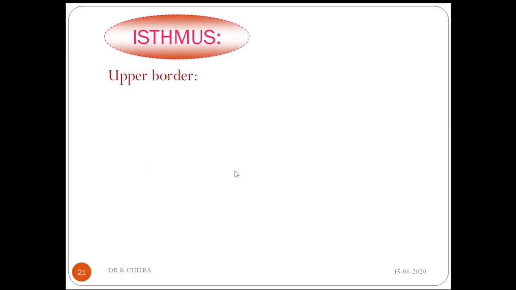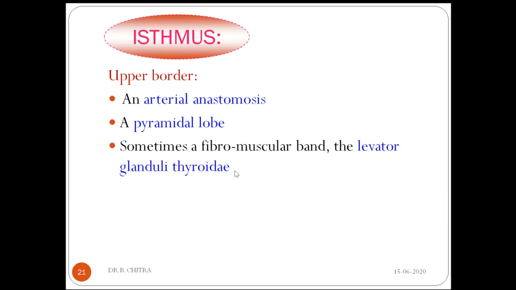Upper border: the arterial anastomosis of the superior thyroid artery and the inferior thyroid artery will be present along the upper border. Sometimes a pyramidal lobe may be present. We have seen in the development of the thyroid gland class, sometimes the thyroglossal duct may persist near the thyroid gland as a part of the pyramidal lobe.